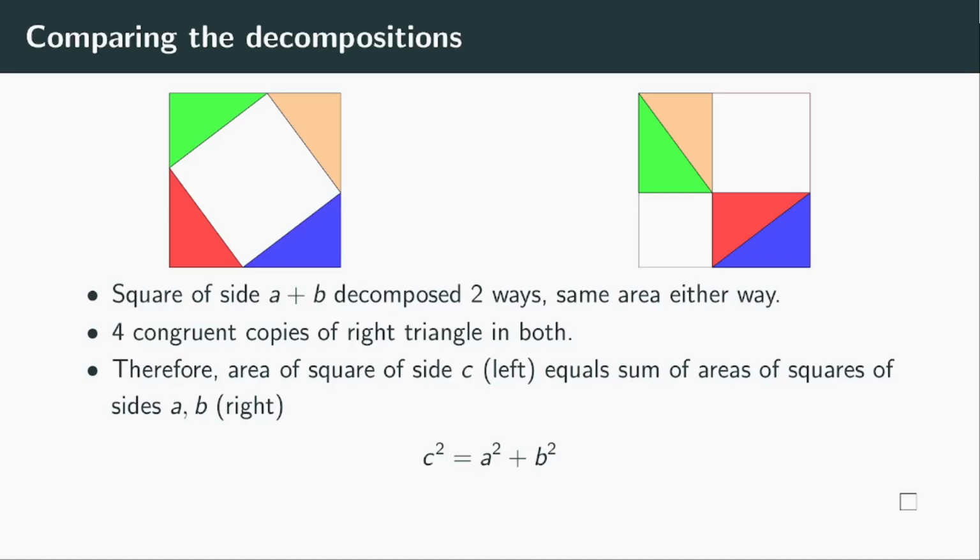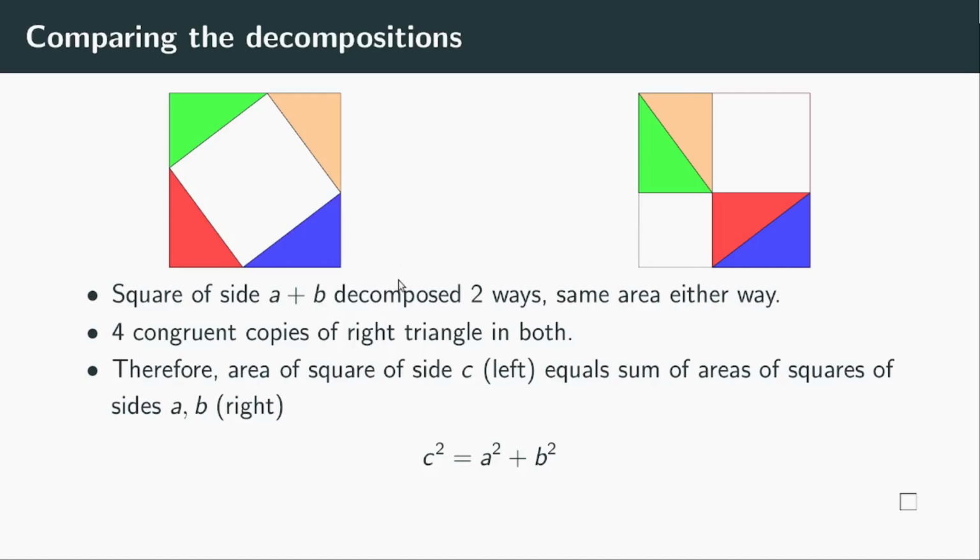Now let's look at these two decompositions. This is the one we started with, the first decomposition, and here is the second decomposition. They are two decompositions of the exact same square: we took a square of side a plus b and composed it in two different ways. So the total area of the thing on the left equals the total area of the thing on the right.